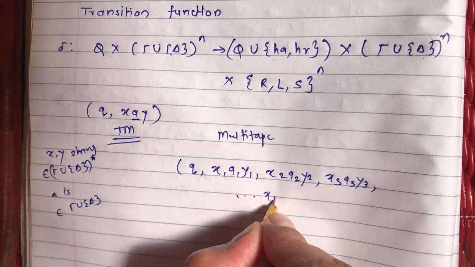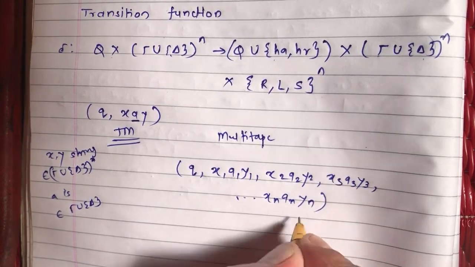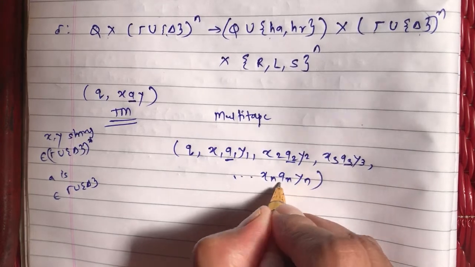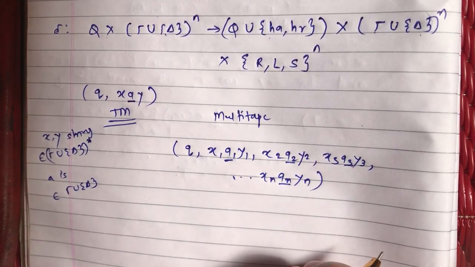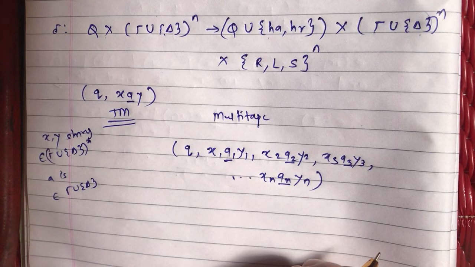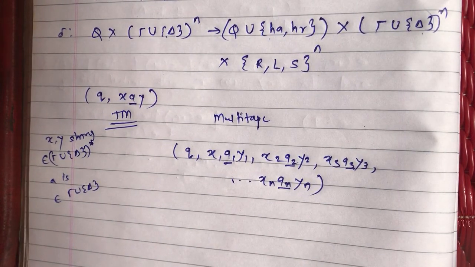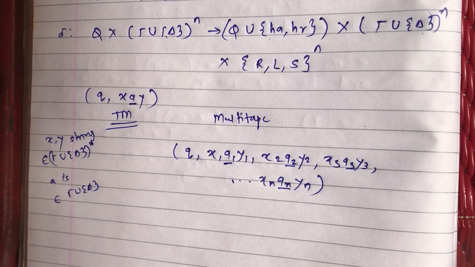Likewise, for the nth tape, I'll have some configuration on my tape, where A1, A2, A3 up to An are single symbols from the tape symbols or blank, whereas X1, Y1, X2, Y2, X3, Y3 up to Xn, Yn are strings over Γ union blank, right? So this is how you can write a short note on the multi-tape Turing machine. We have seen two variants up till now. In the last video we discussed the universal Turing machine, and the second variant that we have discussed today is the multi-tape Turing machine.